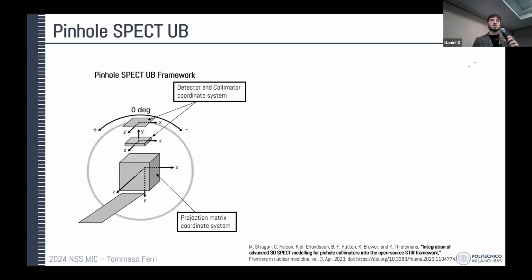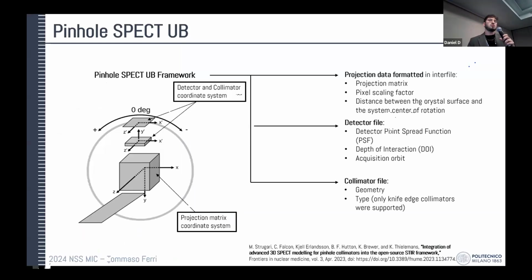So for this work in particular, we focused on the pinhole SPECT software framework, which is responsible for the evaluation of the pinhole system weight metrics for pinhole SPECT systems by taking information about projections, detector file, and collimator file, like the geometry of the collimator and the type of the collimator, but till now only knife-edge collimators were supported.